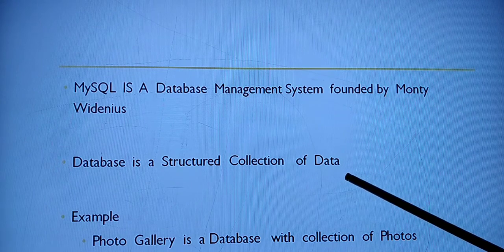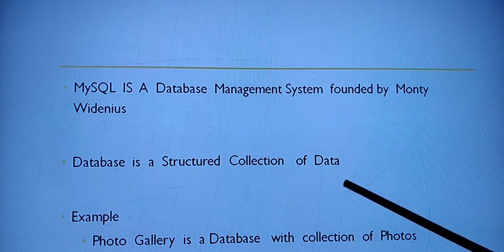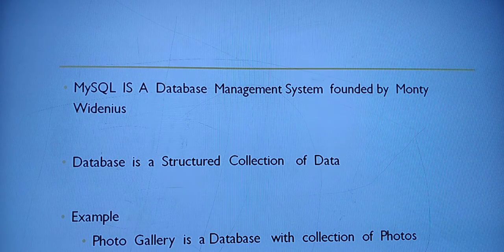The next point is, what is a database? A database is nothing but a collection of data. Here all that collection is structured. Structured means it is going to have a specific pattern. In that pattern each and every detail will be stored for you.